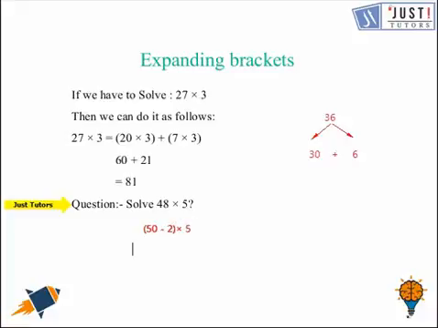Now when I'm expanding the brackets, I'll first write 50 times 5, and then because there's a minus sign in between, I put a minus sign and then the brackets again. Then it's 2 times 5. Now what is 50 times 5? It's 250. Then take away 10. So the answer to this question is 240.